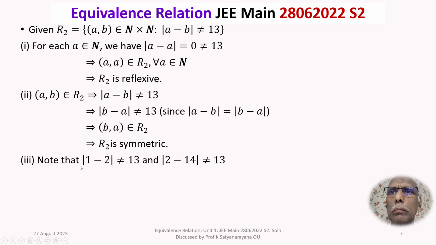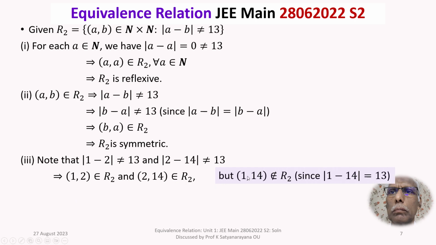Let's get into the transitivity. Note that mod of 1 minus 2 is not equal to 13, correct. And mod of 2 minus 14, that is 12, not equal to 13, correct. That means (1, 2) belongs to R2 and (2, 14) also belongs to R2. But (1, 14) does not belong to R2. Why?